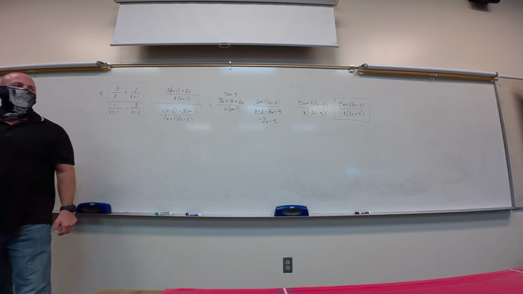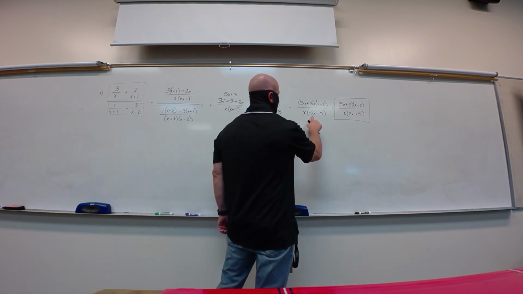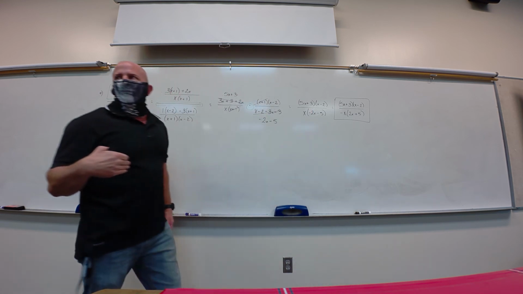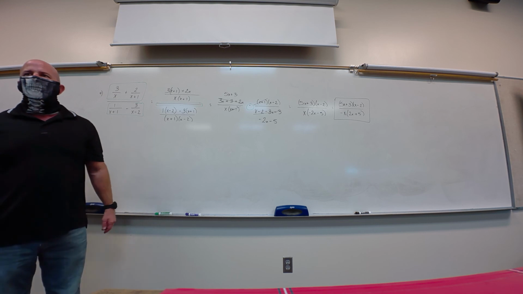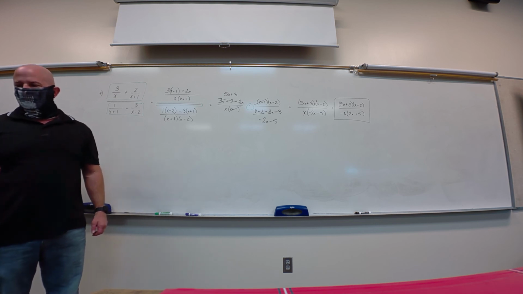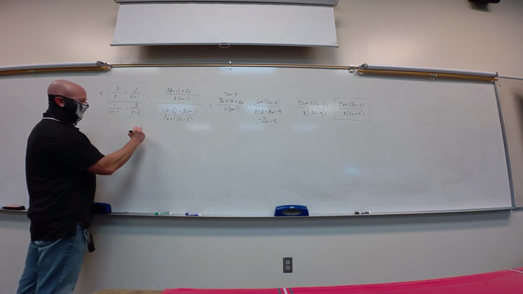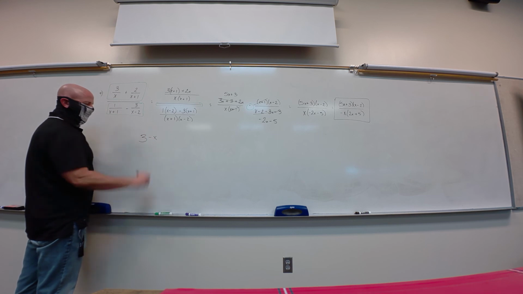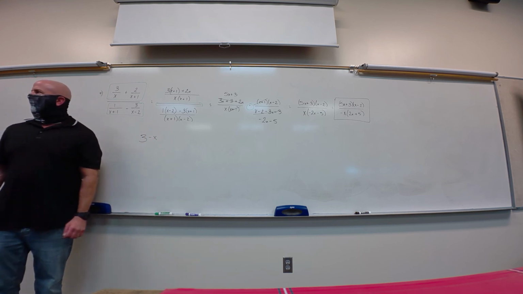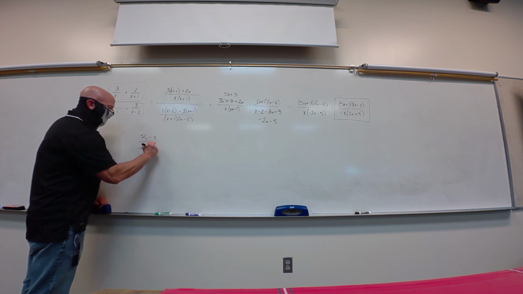Remember, we don't want to leave with a negative. Remember, we also want things in the correct order. So we want the x first. That means if I see something like 3 minus x, my first step should be rewrite this as negative x plus 3.